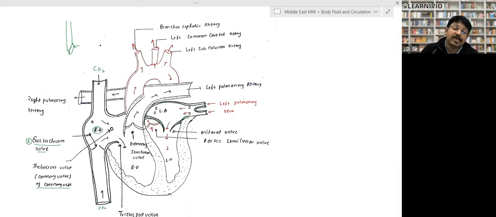Coronary vein opens exactly here in the right atrium, and the valve which prevents the backflow of the blood, you can call it the Thebesian valve or coronary valve. So the coronary valve or Thebesian valve is the second valve which prevents the backflow of the blood, and it is between the coronary vein and the right atrium. So there are only two valves, and the superior vena cava does not have any valve.